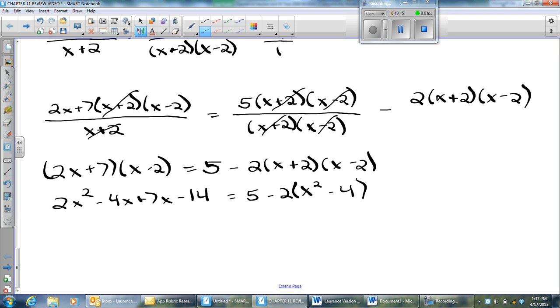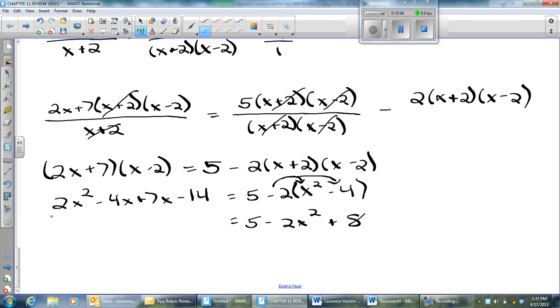Now, some of you are asking about how we're supposed to distribute this 2. We're going to distribute this 2 with the negative. So we're going to do negative 2 times x squared and negative 2 times negative 4. Okay, so that's going to give us a 5 minus 2x squared plus 8.